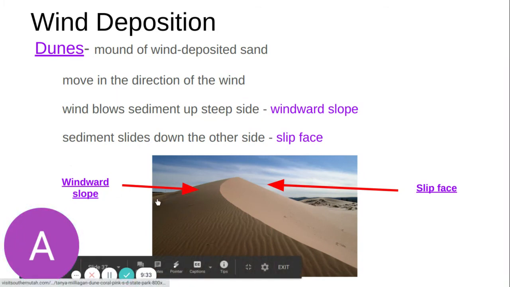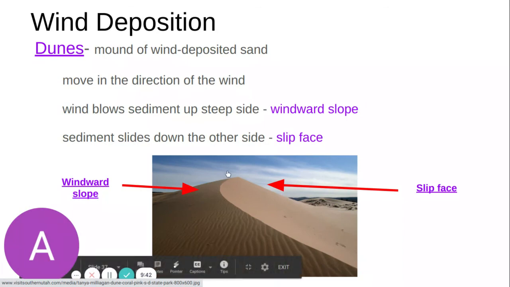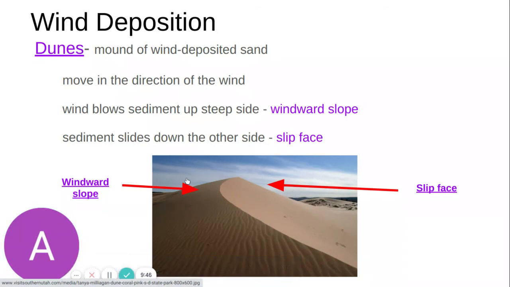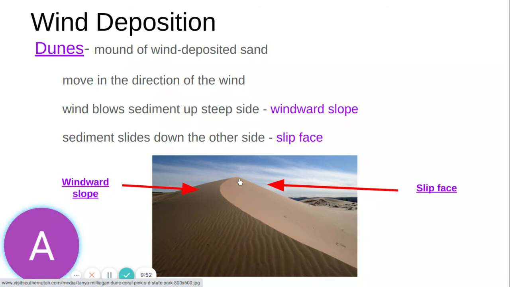The wind is blowing the sand, and it's slowly creeping and moving up. And then once it reaches the top of this ridge, it begins to slide down. And over time, these dunes actually move. They can slowly move from one location to the next as it continues to creep up and slip down. This very top of the ridge would eventually be over here, and then continue to move and move and move over time.